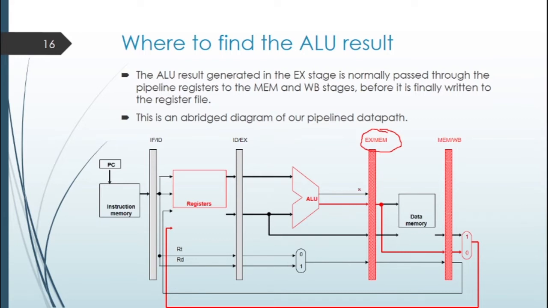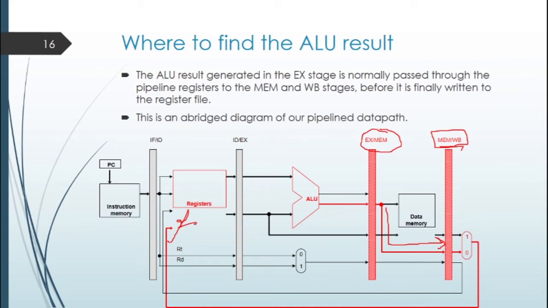But if we are using the data from the first instruction in the third instruction, that data has already moved to the next pipeline register, which is MEM/WB. So in these two dependencies, the data is either in the EX/MEM register or in the MEM/WB register, and after that the data will be written back in the register file.